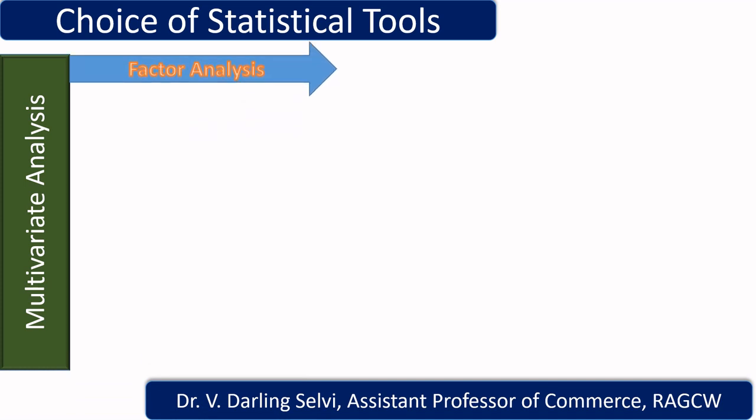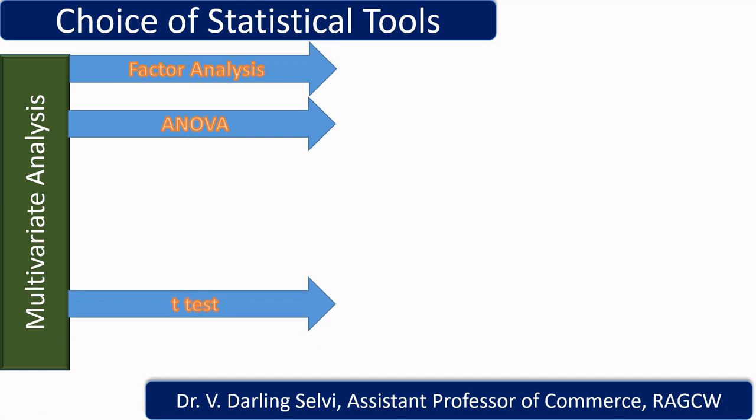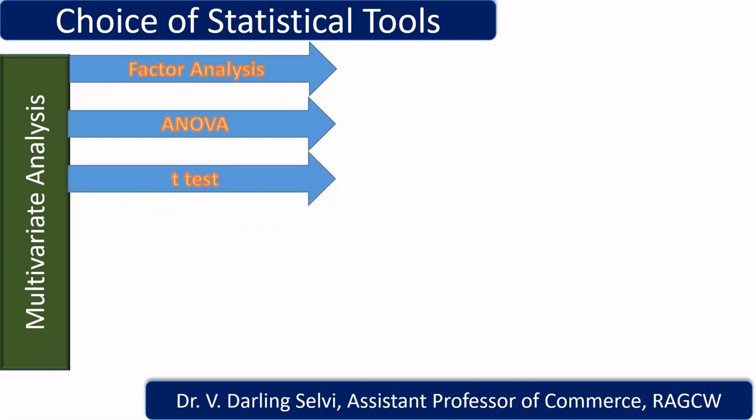Factor analysis helps in the reduction of so much data into different simple components. Identifying and naming the components plays a vital part in factor analysis. And then comes ANOVA, the analysis of variance. We have two types: one-way analysis and two-way analysis. Then comes the t-test.